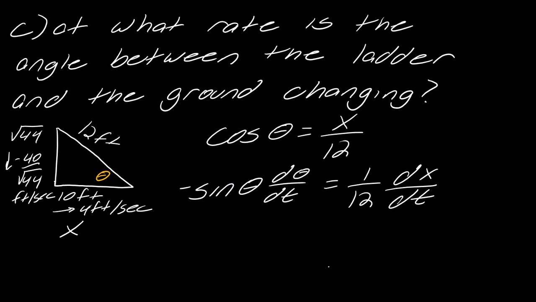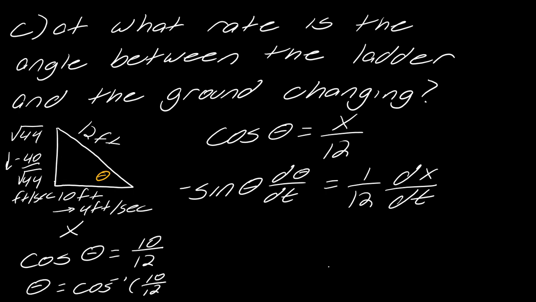And considering I know what's happening in this moment, I have that cosine of theta is 10/12. We're talking about a particular moment, so I can just use cosine of theta equals 10/12. To solve for theta, I just take the inverse cosine of 10/12.